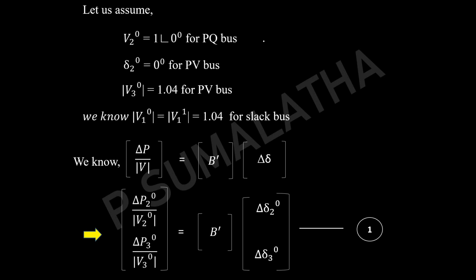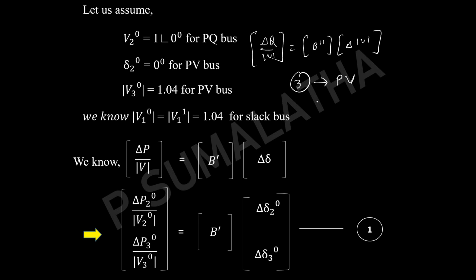And if you see the second equation, we have delta Q by mod V is equal to B double prime into delta mod V. Here this equation will be with respect to the number of PQ buses. But here the problem is they have given the third bus as a PV bus, and they have given the Q limits also.